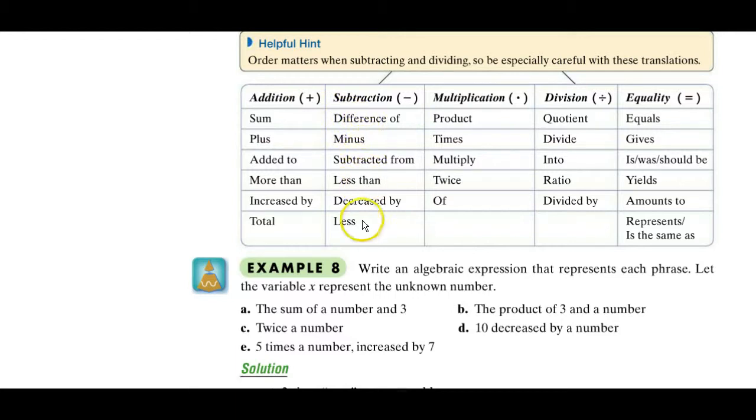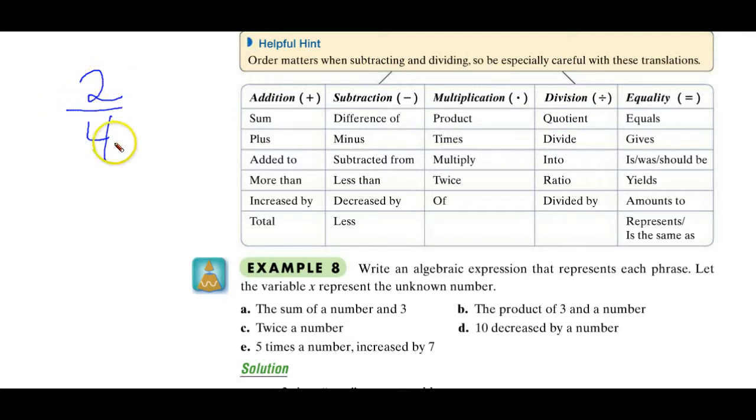Key words that indicate subtraction. Keywords of is particularly of interest. Of implies multiplication, as do these others. Quotient, again, we're talking about division. The quotient of two numbers, we had said, was a fraction. It's also a ratio, but quotient.